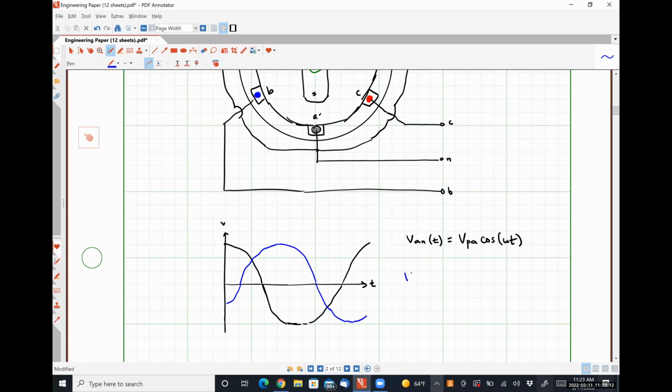Like so, where VBN of t is VPB cosine omega t minus 120 degrees volts, or volts RMS, doesn't particularly matter. I guess it would, since this is a time domain signal, so it's just volts. And then finally, 120 degrees after that.